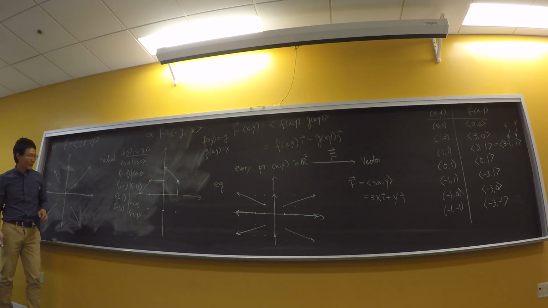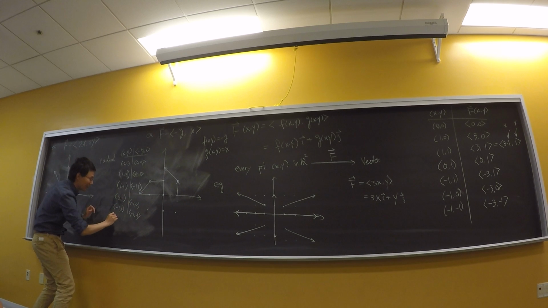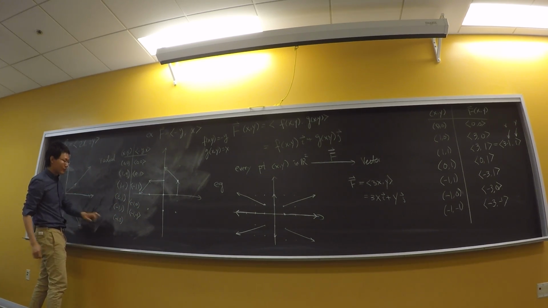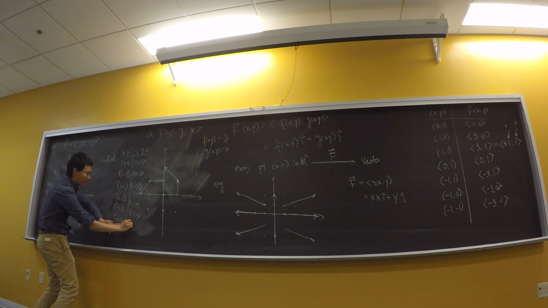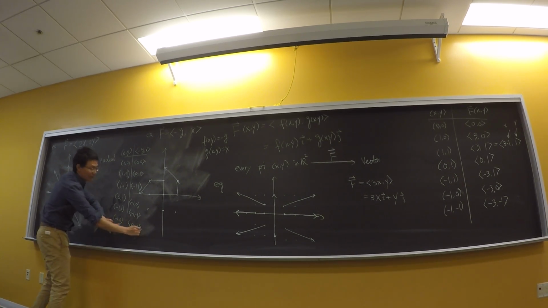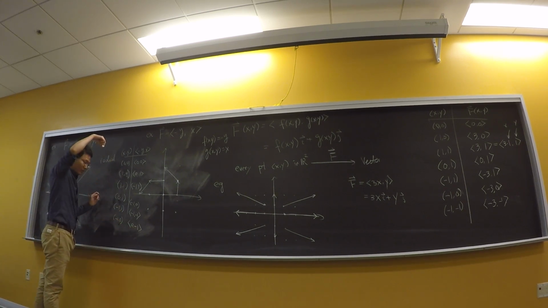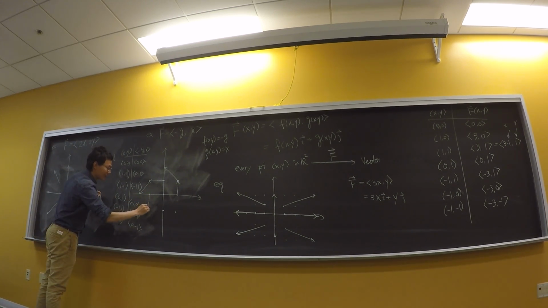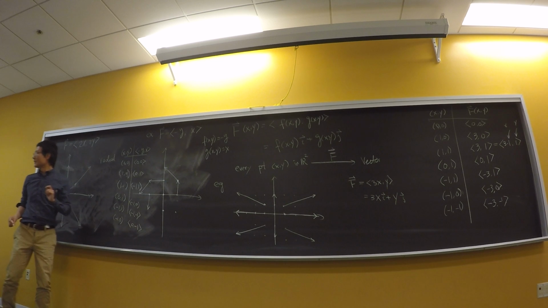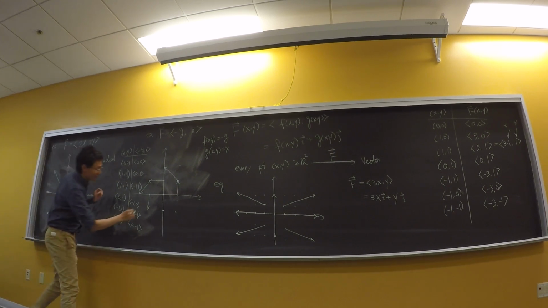Okay? So at the point where x is equal to minus 1, y is equal to 0, the vector field is given by 0 and minus 1. Right? So it is pointing downwards with one unit. Okay? So you can quickly draw all the pictures right here.